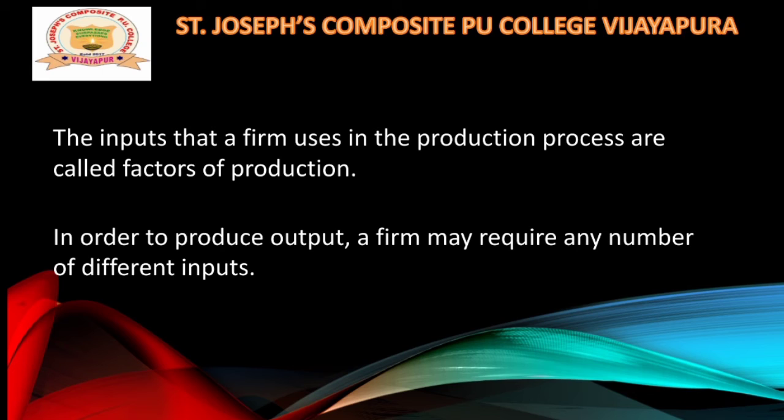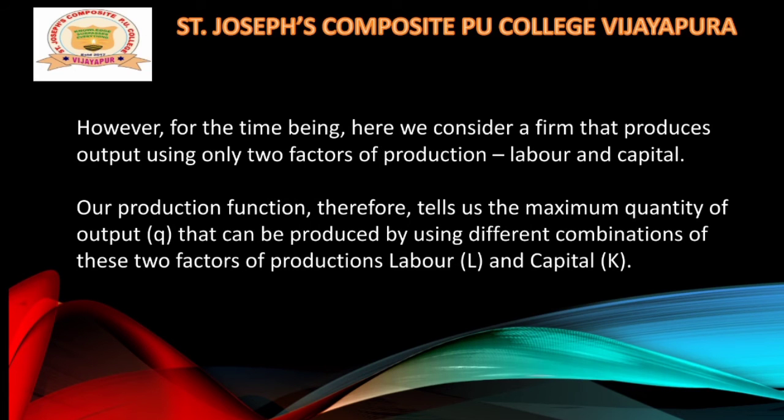In order to produce output, a firm may require any number of different inputs. However, for the time being, let us consider a firm that produces output using only two inputs, labor and capital.